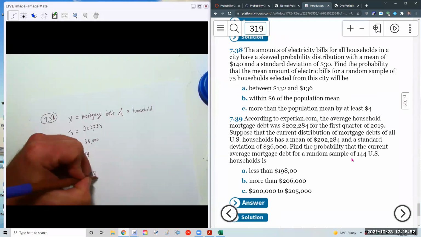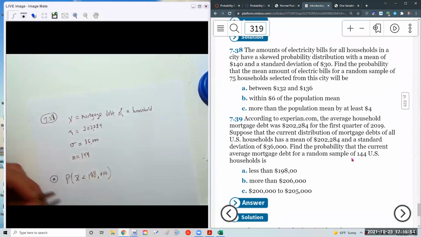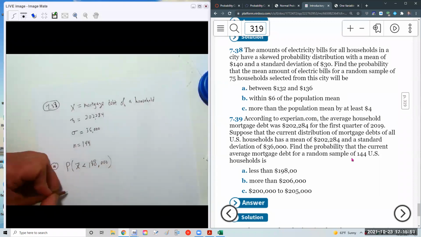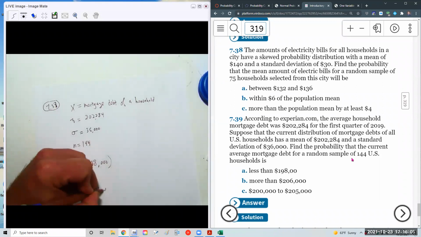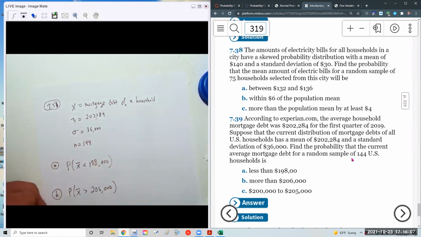I think they meant to say 198,000. They got a typo there. And for B, the probability X bar is greater than 206,000. And then for part C, find the probability that X bar is between 200,000 and 205,000.